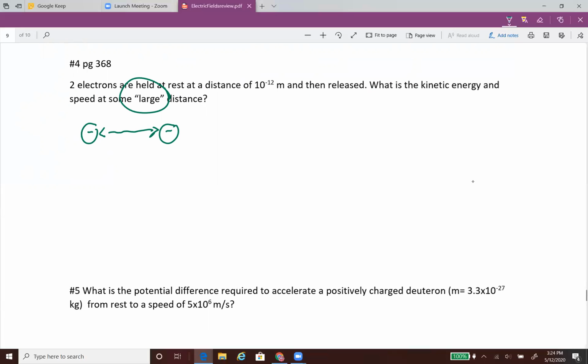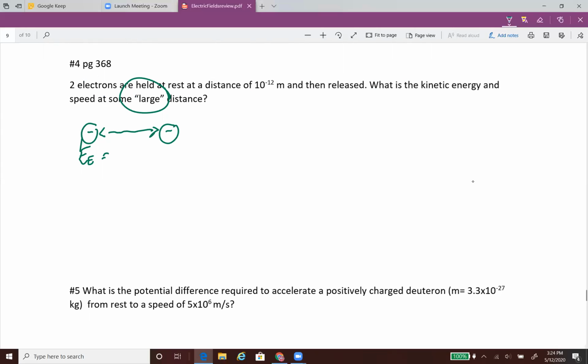And what that repulsive force is going to represent, we can translate that into some sort of a potential energy. If you remember, we can work out the electrical potential energy like we did with gravitational potential energy. It's the same method.